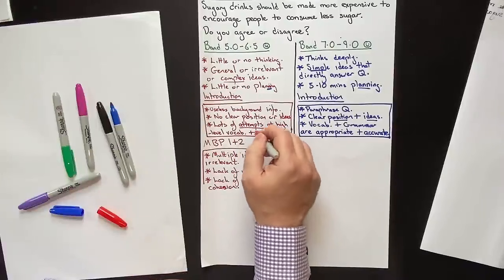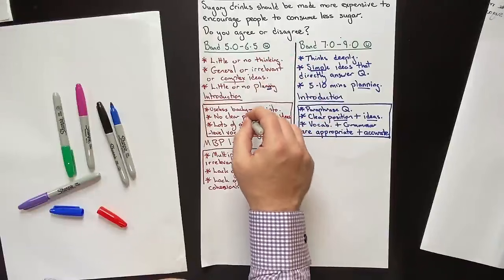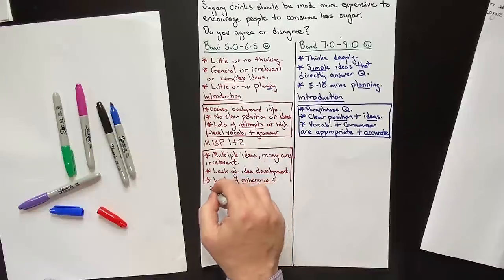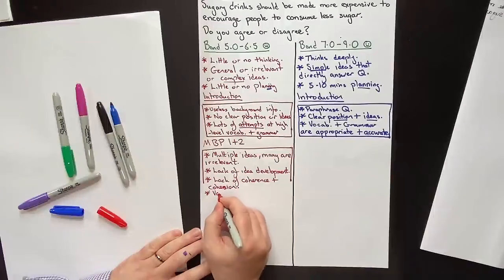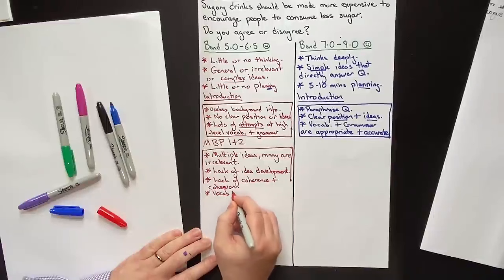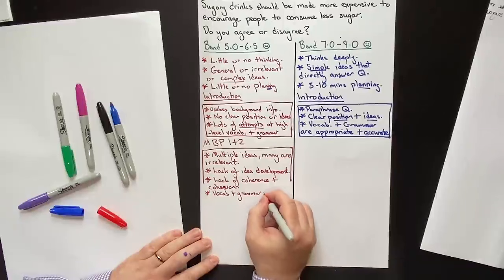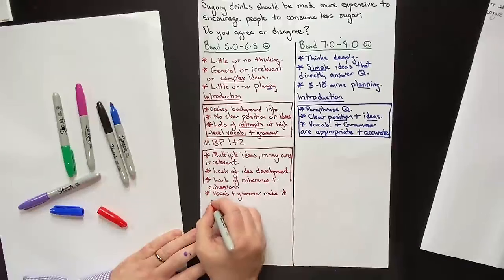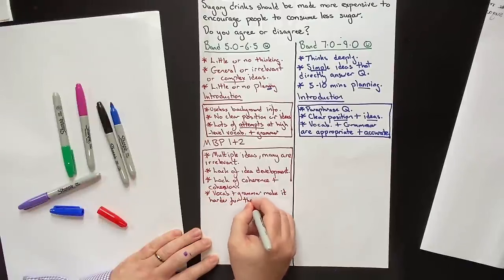Often people getting a band 5, band 6, 6.5, they will have different ideas here and then different ideas here. There is no cohesion. And then when it comes to vocabulary and grammar, the vocab and grammar make it harder for the reader.